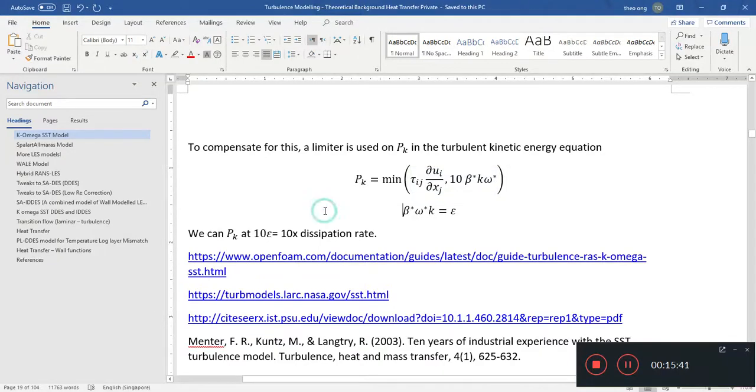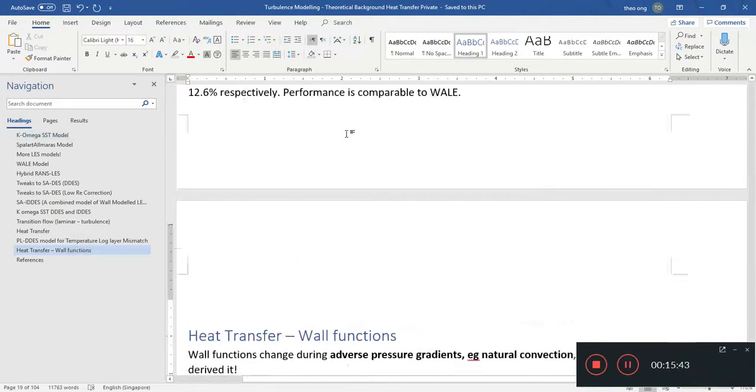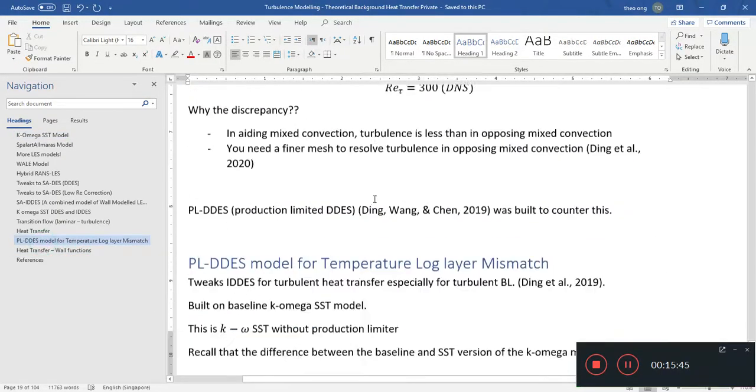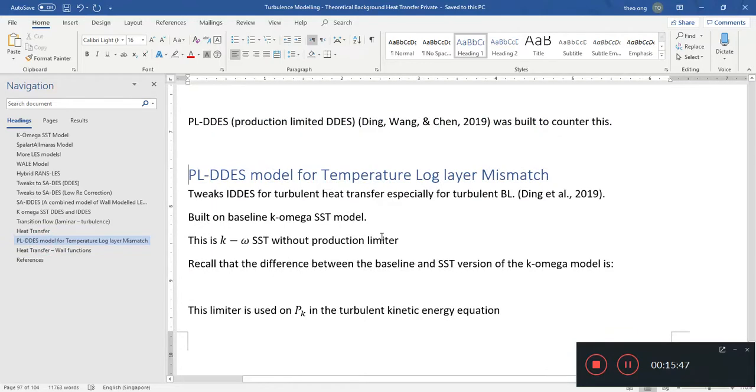So again, this production limited PLDDES model is catered very specifically for this kind of heat transfer mixed convection flows, and is good especially for turbulent heat transfer in the turbulent boundary layer. I just want to re-emphasize that there is no such thing as a one-size-fits-all turbulence model. Each has its strengths and weaknesses.